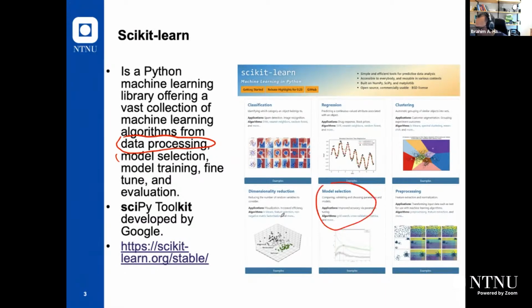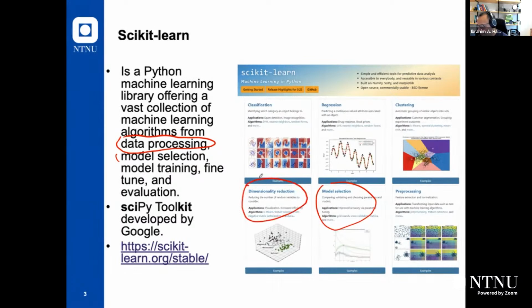And for data pre-processing, we have lots of tools. We can use feature extraction, normalization, and standardization, for example. So data pre-processing is a very powerful tool. We can use it for converting our data from its raw format into a format which is suitable for training our model. It also has dimensionality reduction.